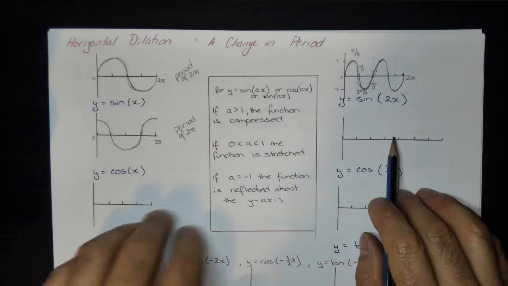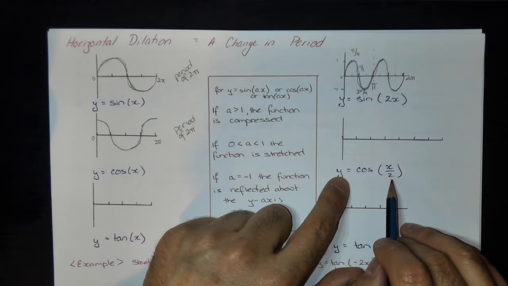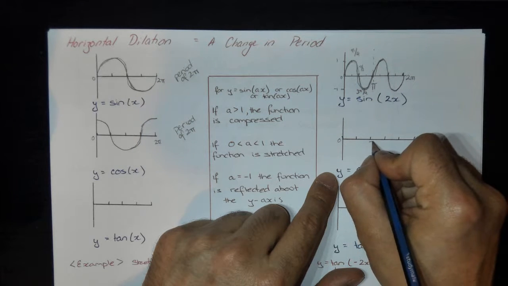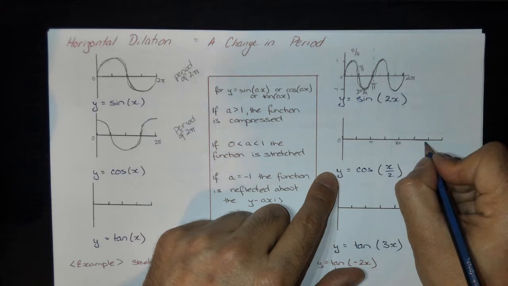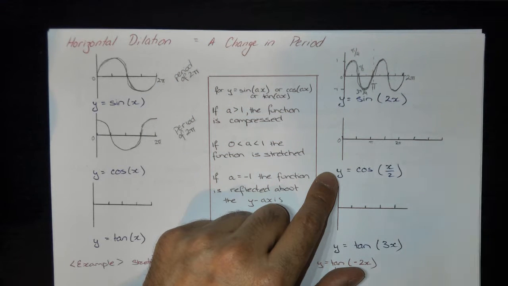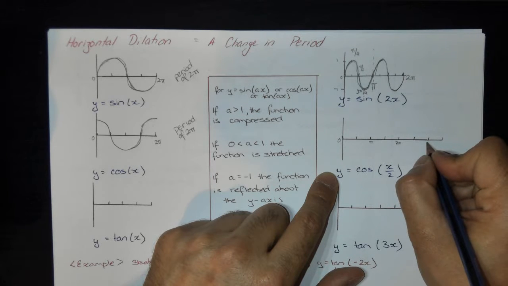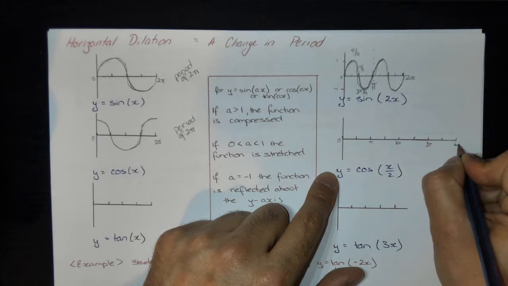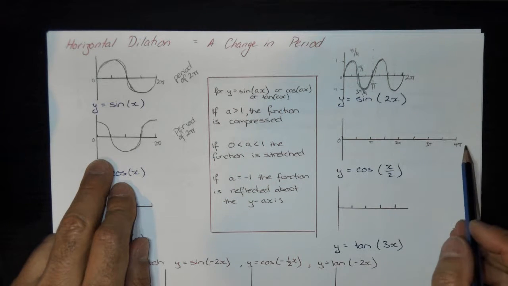So now we're going to do cos of x over 2, which means it's going to repeat this period over a longer time frame.